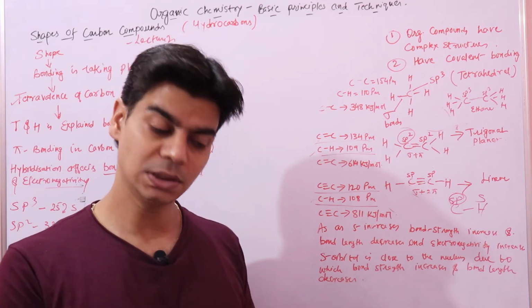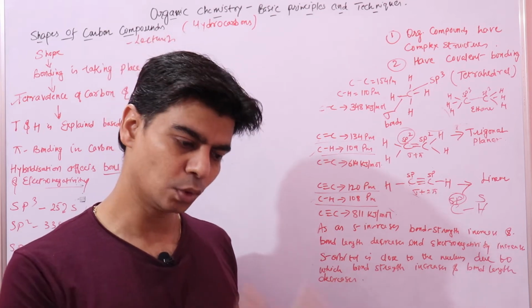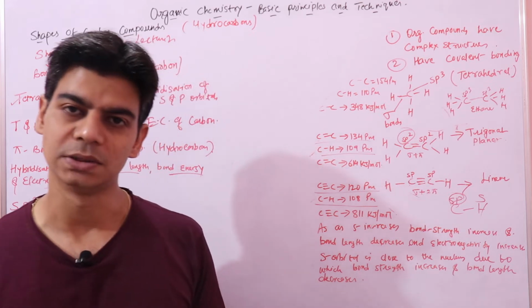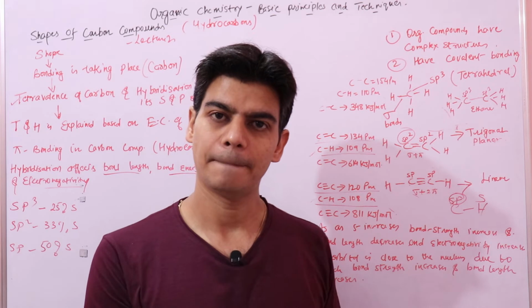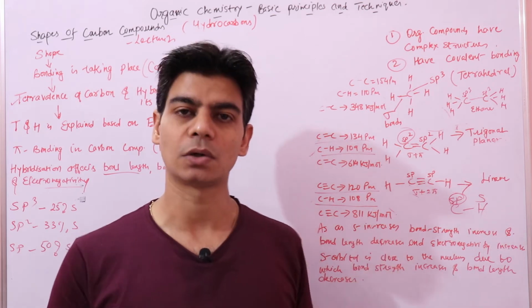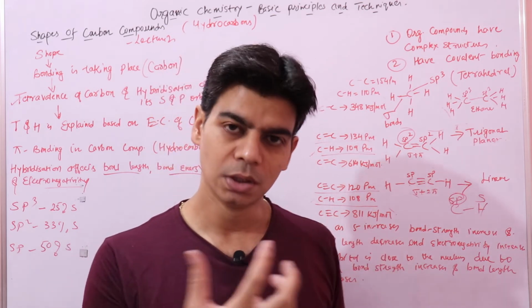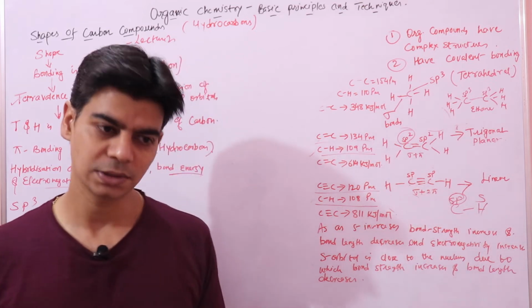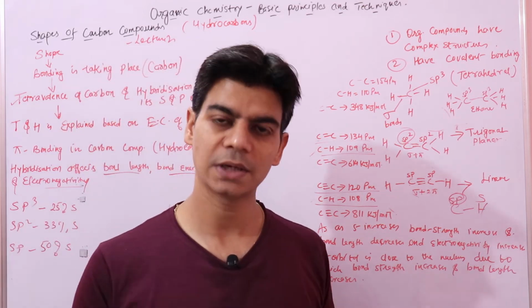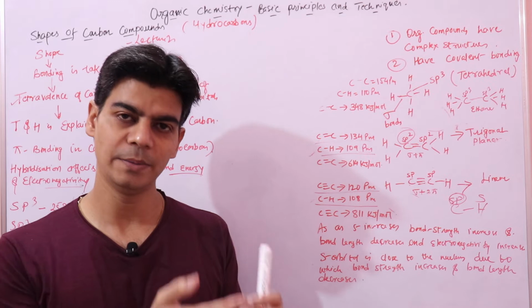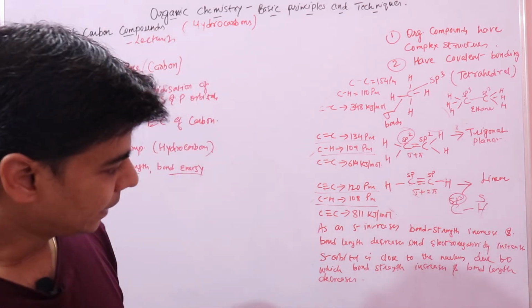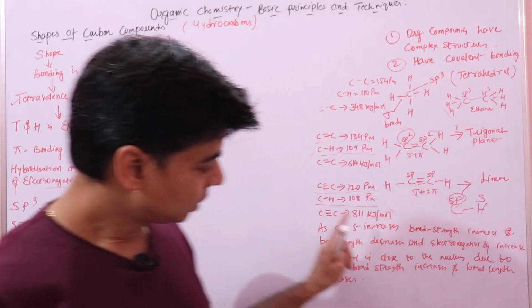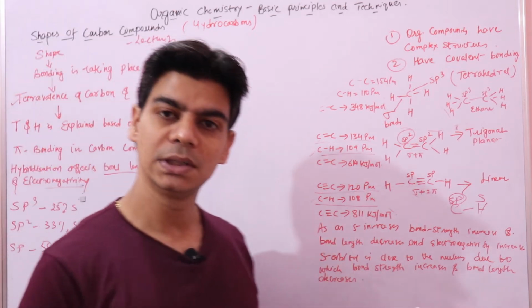Since it's close to the nucleus, it's more tightly attracted by the nucleus, making bonds stronger and shorter, right? And likewise the electronegativity will also increase, right?